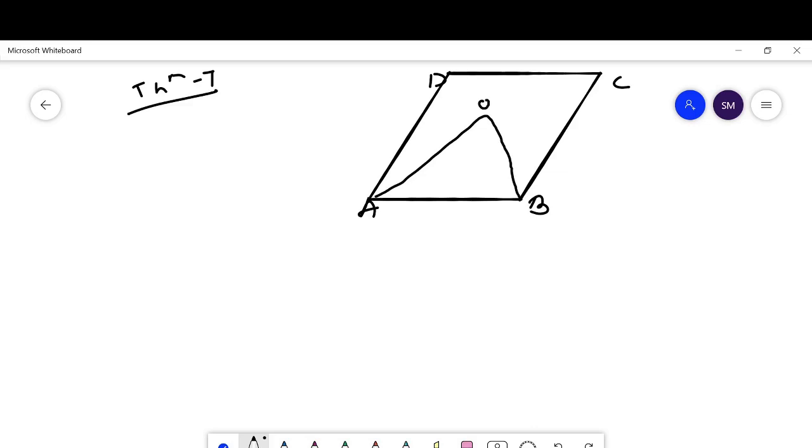AO is an angle bisector, and suppose DP and CP are also angle bisectors.